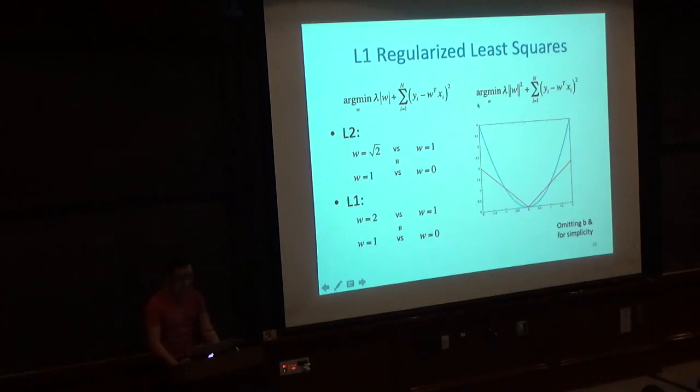That is, the increase in this objective function, at least in terms of the regularization part, from 1 to square root of 2, is equal to the increase in penalty from 0 to 1. Whereas in L1, the increase in penalty between 0 and 1 is equal to the increase in penalty between 1 and 2. You can see that in the shape of the regularization penalty curves in this figure, where L1 is in red and squared L2 is in blue.